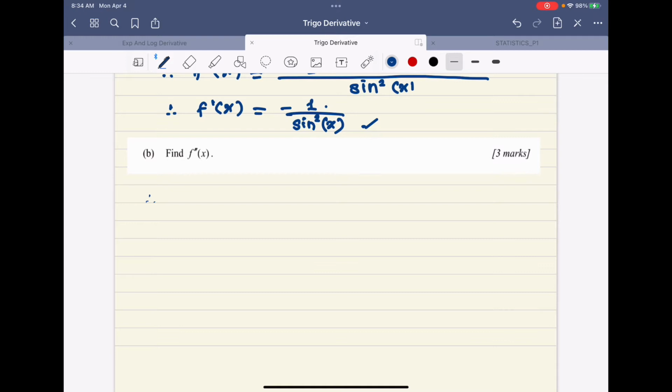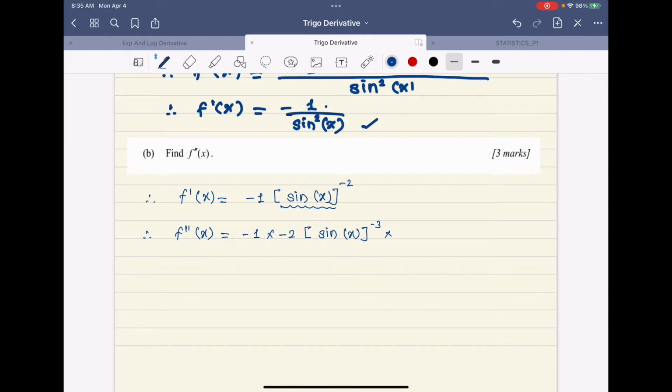So here f dash x is equal to negative 1 times sin x bracket raised to negative 2. Now I am taking the derivative of this. Negative 1 will remain as it is. First I take the derivative of this bracket. That means negative 2 will come down, sin x will remain as it is, and the power is decreased by 1, that is negative 3.